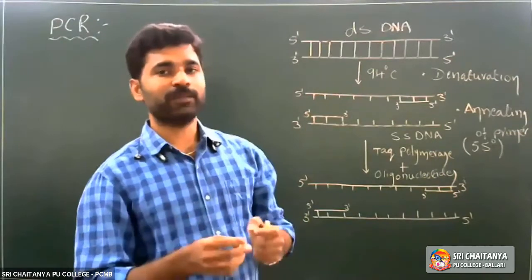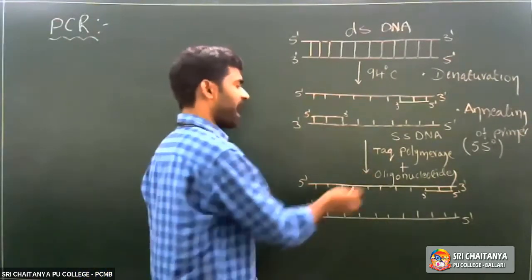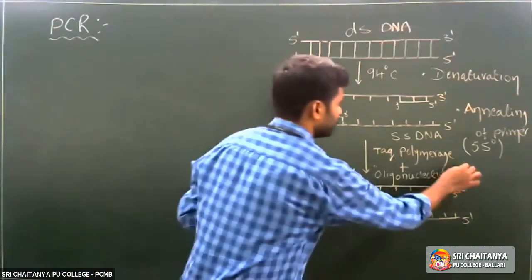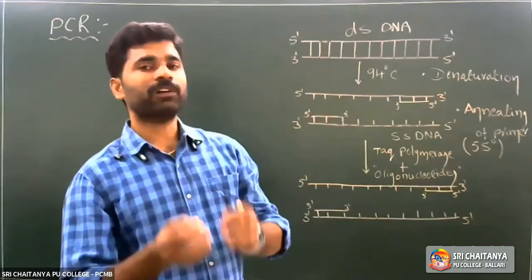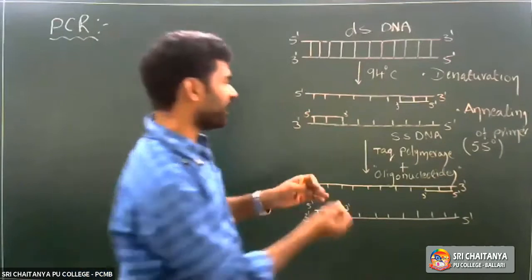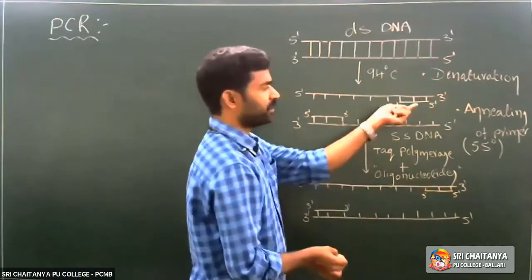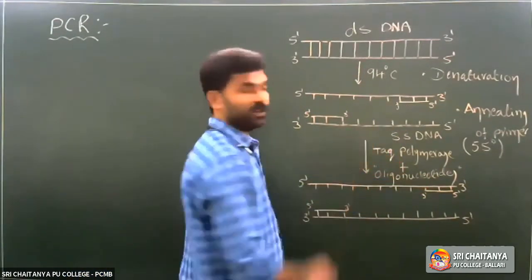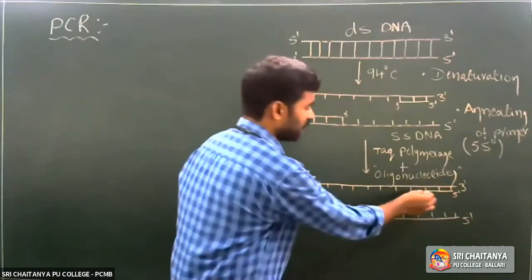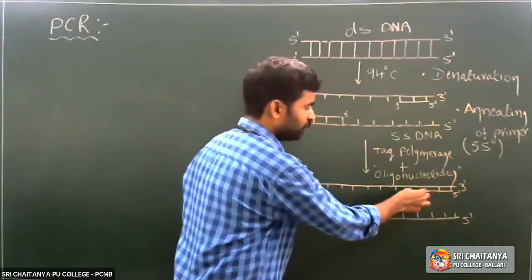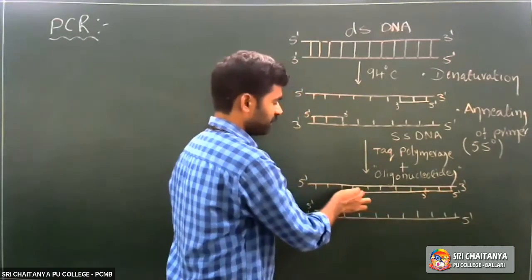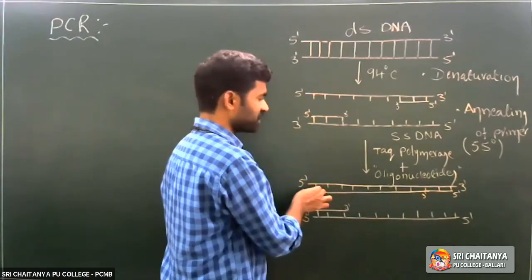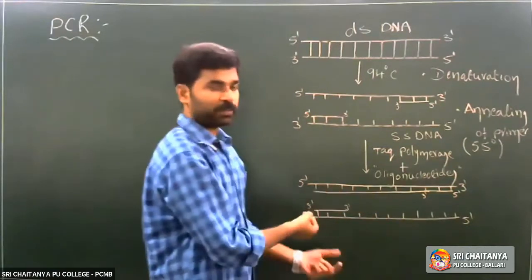So the DNA polymerase enzyme adds oligonucleotides, nothing but deoxyribonucleotides, to the primer. With the help of Taq polymerase enzyme, new nucleotides are added to the template strand in 5 prime to 3 prime direction.